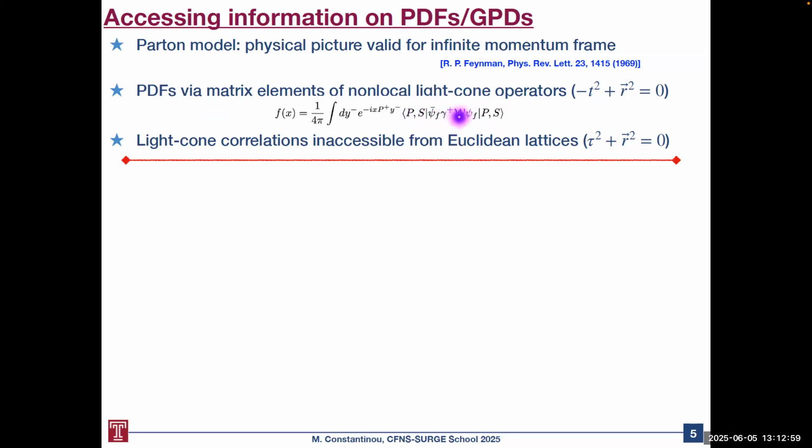And the operator has some gamma structure. So this is gamma plus, corresponding to the vector, so it's unpolarized distributions. And there is a W to restore gauge invariance. So it's a Wilson line connecting these fields, and the fields are separated on the light cone. So that's a relation that we use.